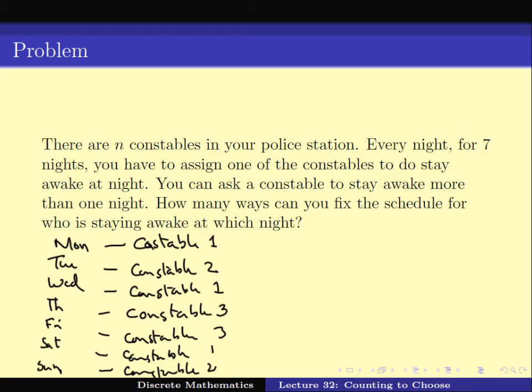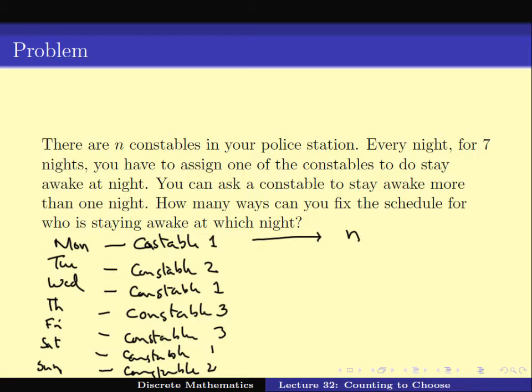Now the answer is not too hard. It's again by the same product rule application. On the first night, how many ways can I assign a constable? I can assign any of the n constables, right? So the number of ways I can assign is n.